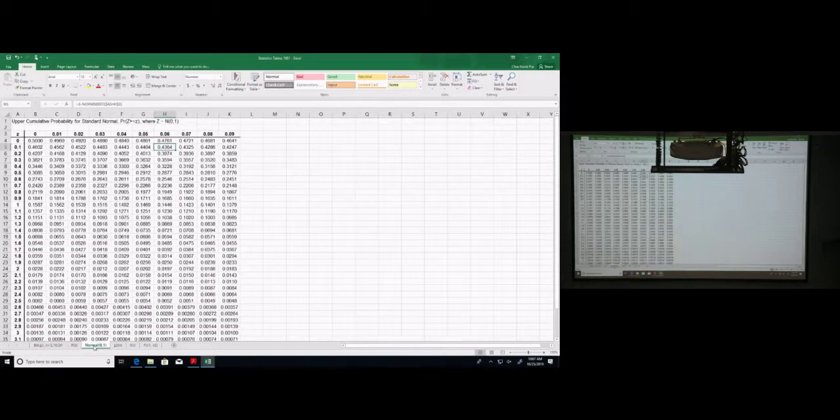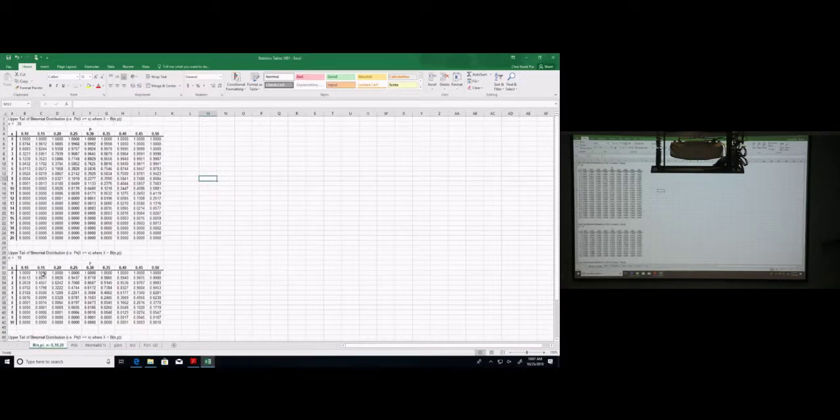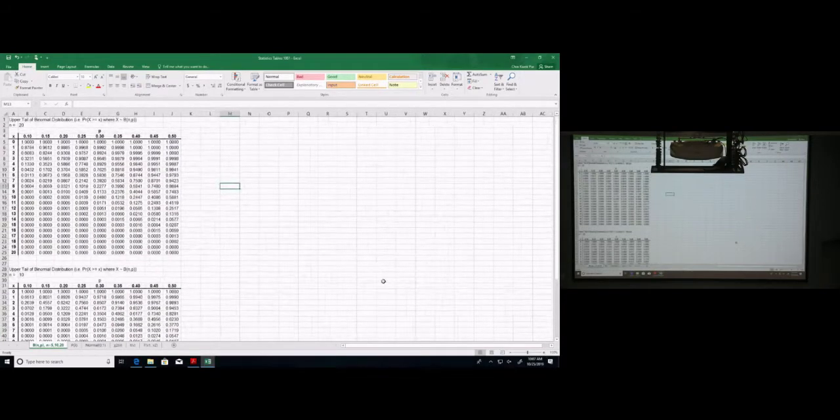And then you also have the normal. All the probabilities here are given, and I will emphasize it when we come to it, all the probabilities here are the upper tail probabilities. This is something you need to be aware of. The first thing when you see a table, you need to read the caption of the table. Here is the title, what the numbers are representing.